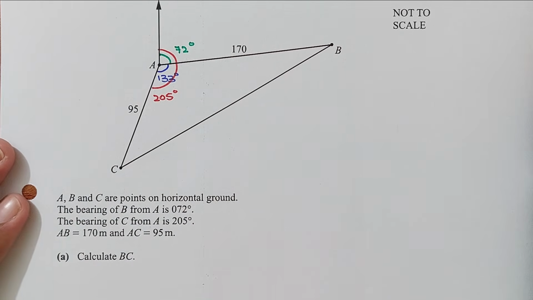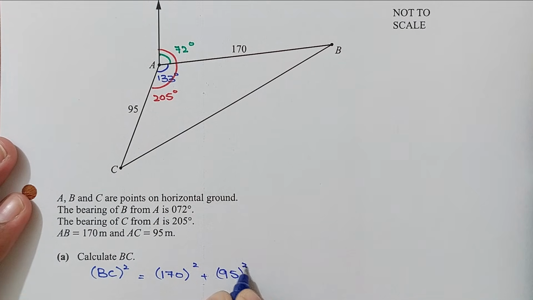So the side BC square equals 170 square plus 95 square minus 2 times 170 times 95, cos of the angle between them, 133 degrees.